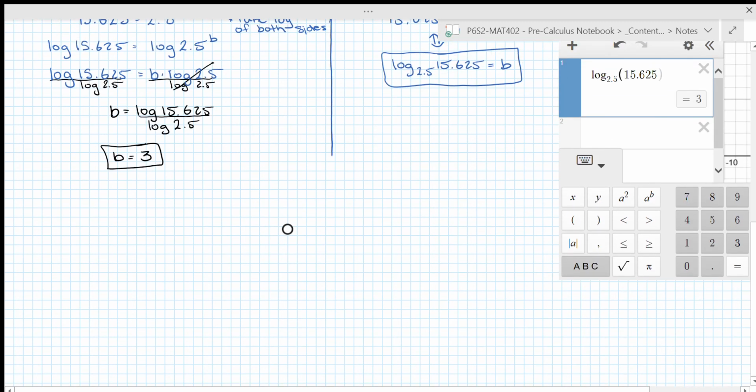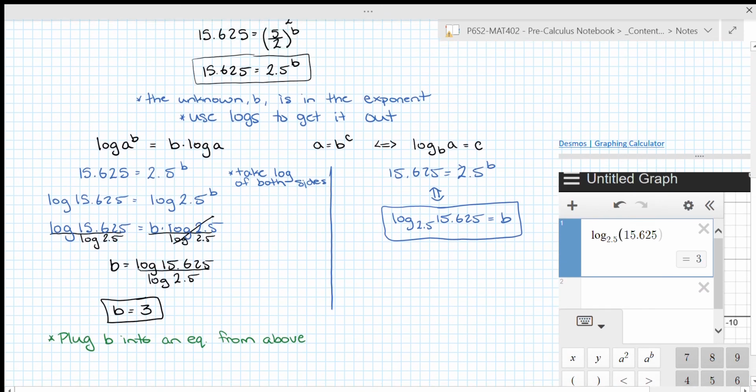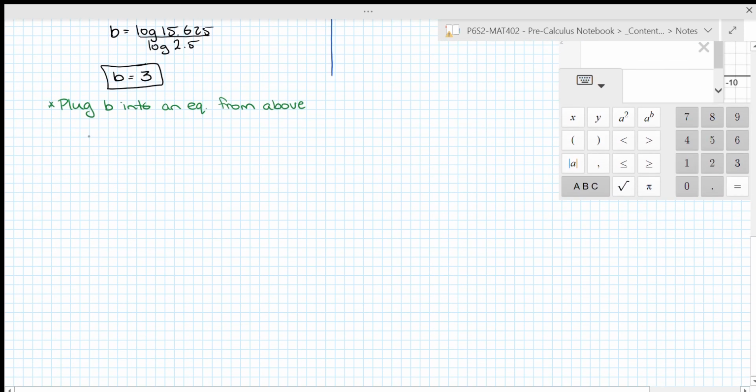But now it's easy peasy lemon squeezy after this. I know what my b is. I just need to plug that back into one of the equations from above. Any of them work. b is 3. I just need to go back to one where a still existed. So let's do the one without the decimals. 225 equals a times 5 to the b.